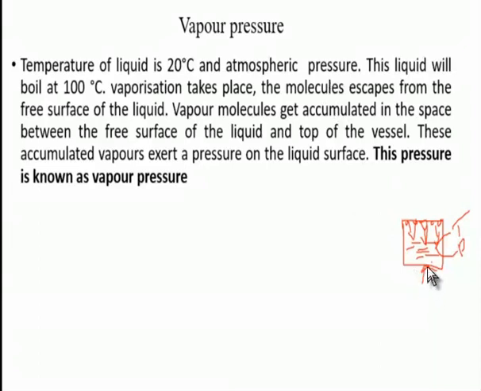If you add heat, it starts boiling after reaching 100 degrees Celsius and vaporization takes place. That vapor accumulates on the top of the vessel and exerts pressure on the liquid surface. That pressure is called the vapor pressure.